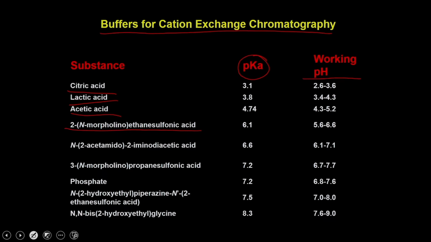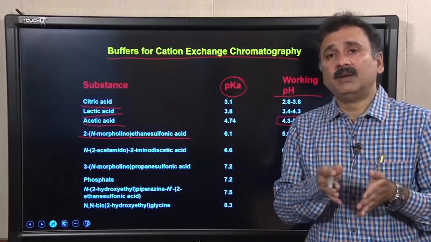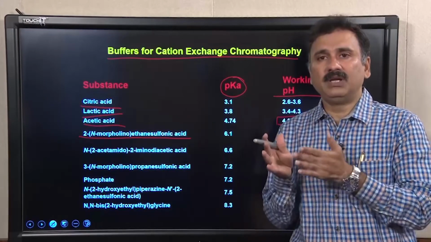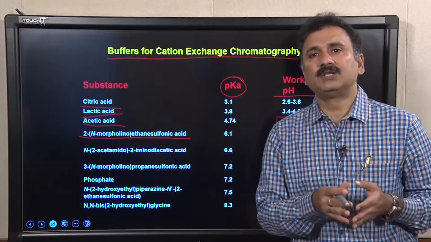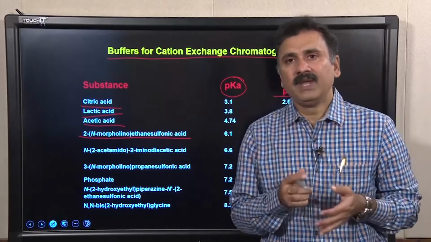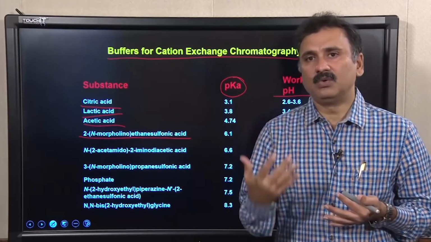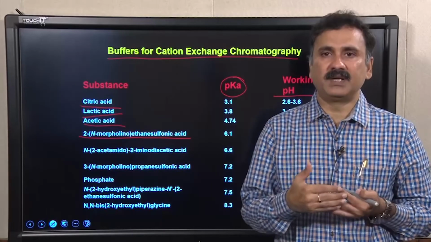Depending on the pH you are interested in, you can choose the particular type of buffer, because only in its working pH range will it maintain a stable pH. It should not vary, because as soon as the pH varies, it changes the charge on the protein, and as a result affects the overall elution process.